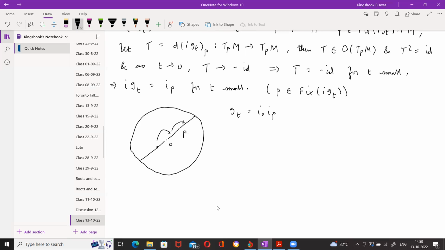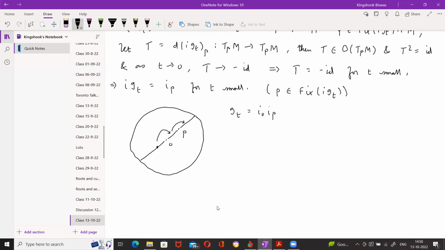Is this clear? So this will be GT. So GT will become hyperbolic, a translation along a geodesic passing through the origin, right?